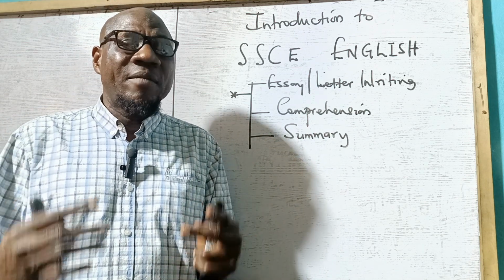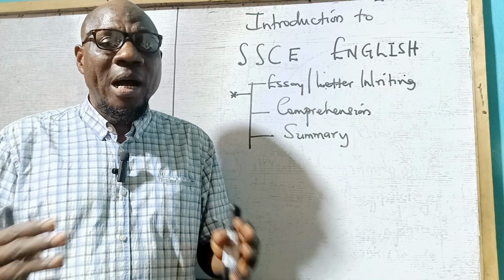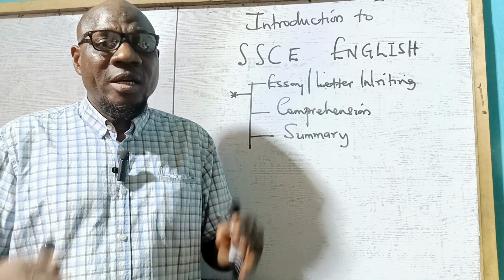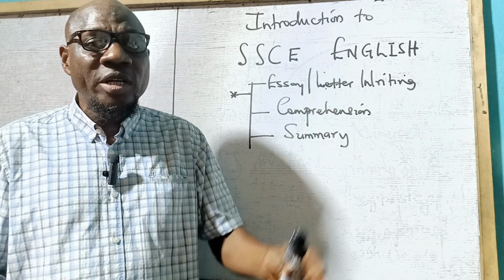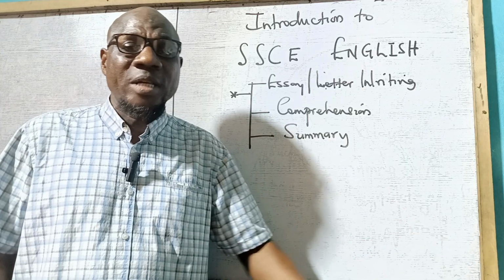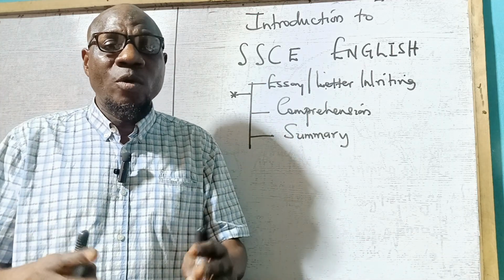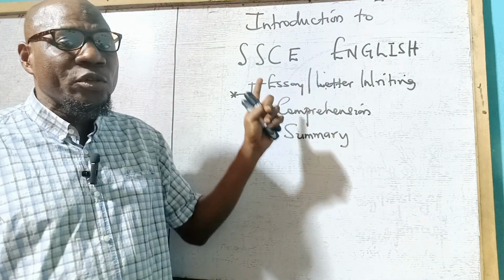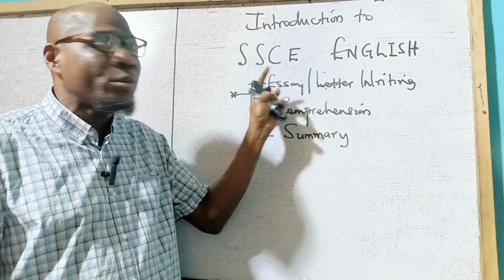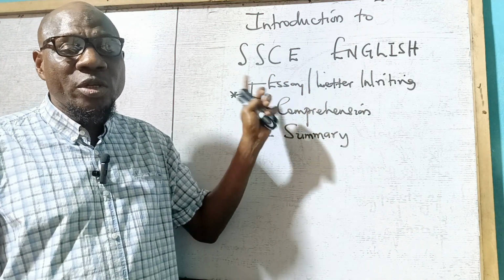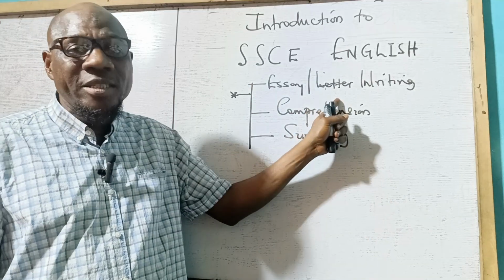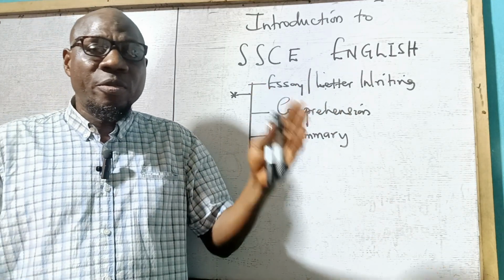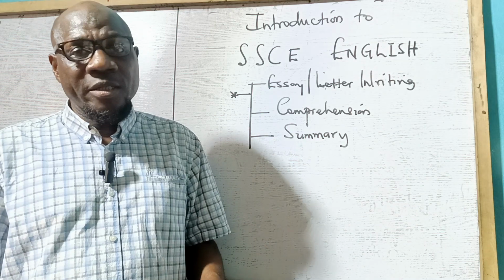For example, if I've decided that in the exam I want to write a letter, I do not need to concentrate on essay writing again because I have chosen what I want to write. Just know something about essay writing, but let your attention be on both formal and informal letters.